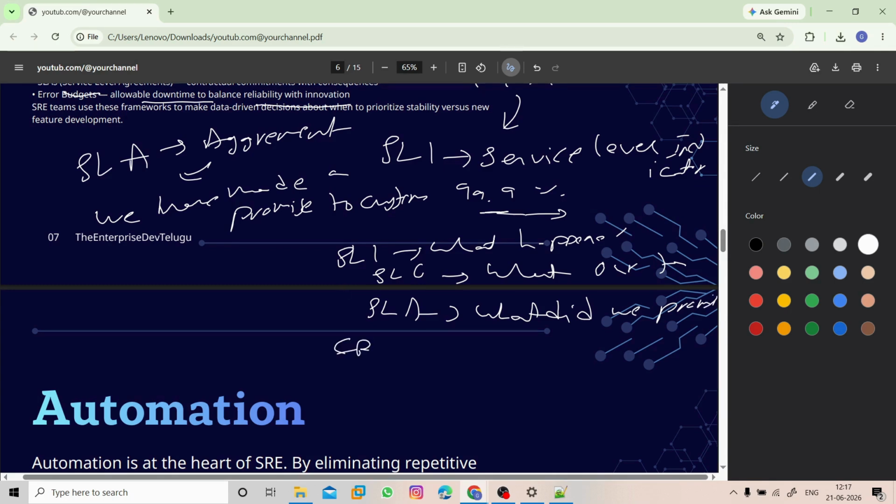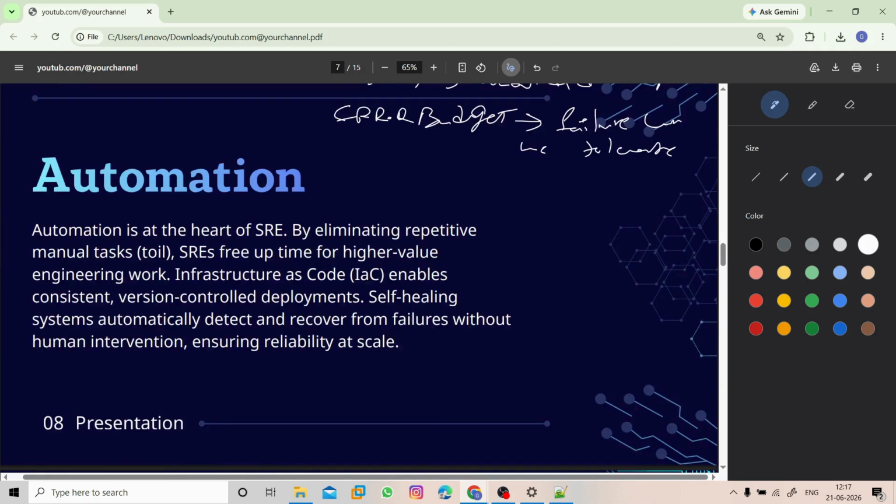And error budget means how much failure can we tolerate. That is the example of reliability.